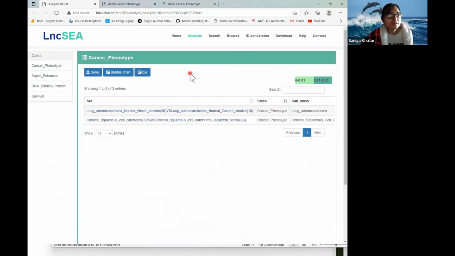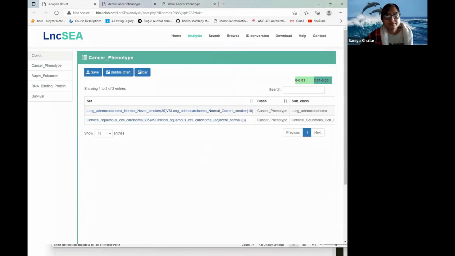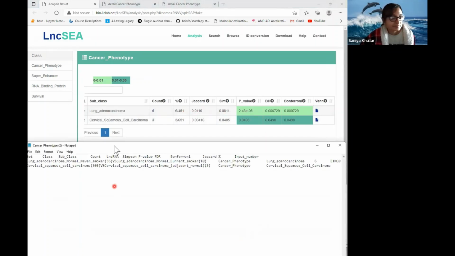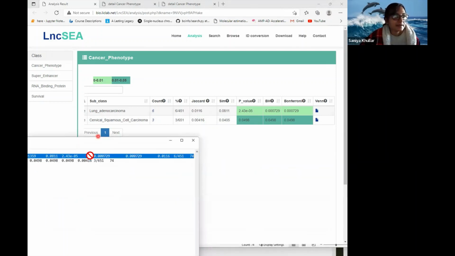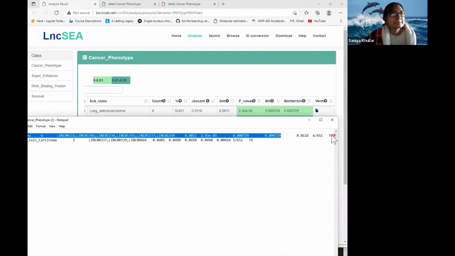What we could also do is we can save this. And if we save this, we can also note where it's saying that we have 6 that are in common. Here, we can also see exactly which 6 are in common, like lnc-00115, this one, this one, this one, this one, this one. These are what is in common.